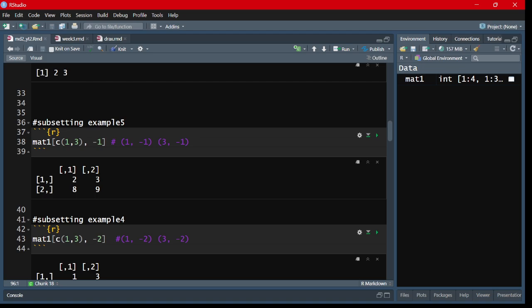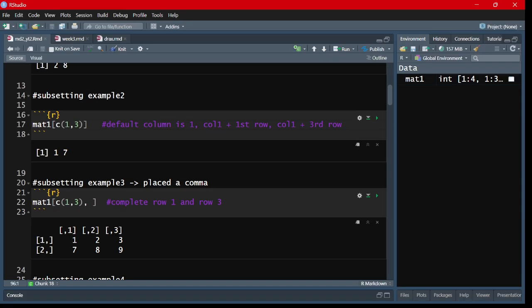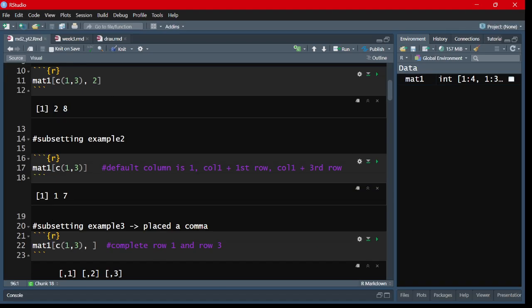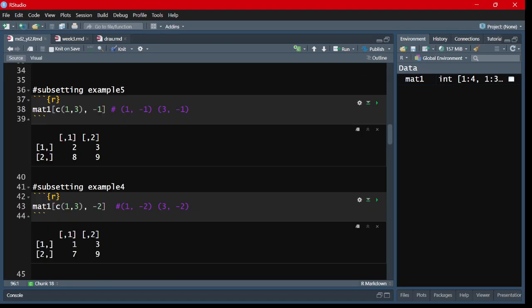So that means we have to select the first row and third row, and truncate the first column. That is the main conclusion. So this is the first row and third row, and that's why 2 3 8 9 is there.